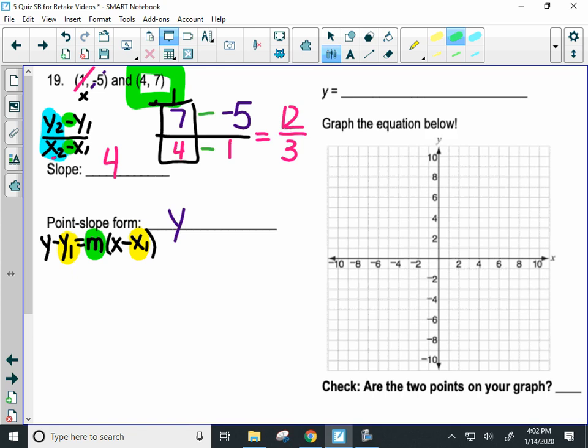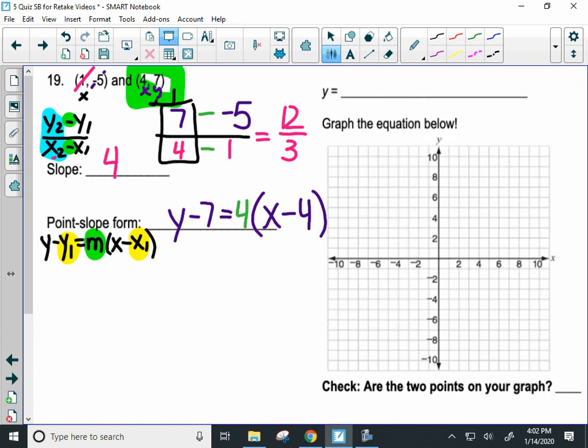Okay? That's x and y. So I take the opposite of the y value up there. So the opposite of 7 is negative 7 equals, m is my slope. We calculated my slope to be 4. Parentheses, x, opposite of 4. That's the point slope form.